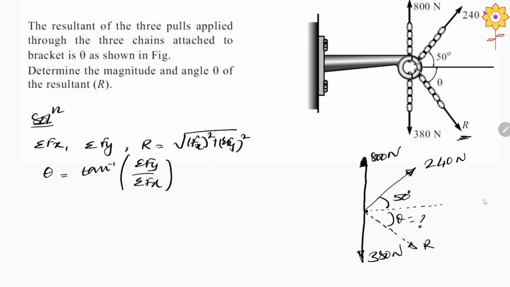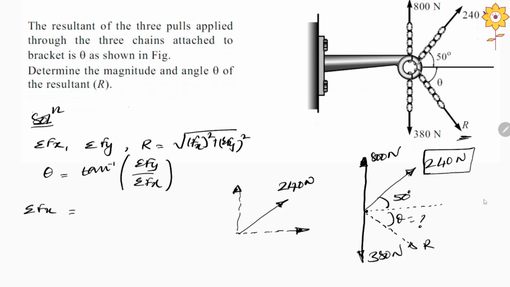Okay. So now we are going to frame the equation of summation of Fx, which is all the horizontal forces. There is no purely horizontal force, but we have the inclined force, that is 240 Newton, so we have to resolve this inclined force into two components.